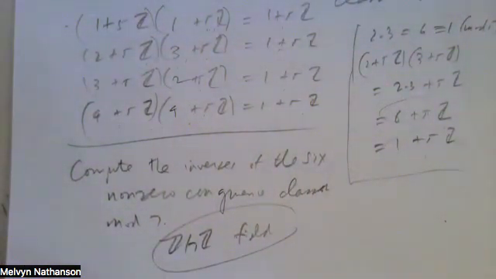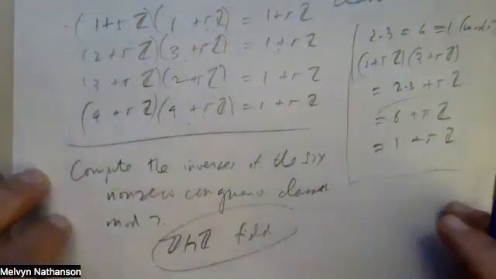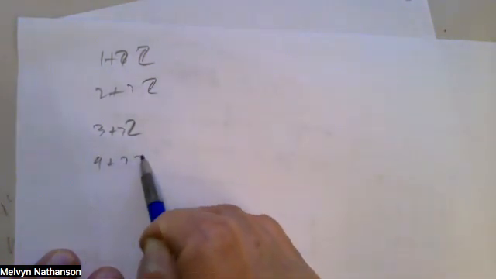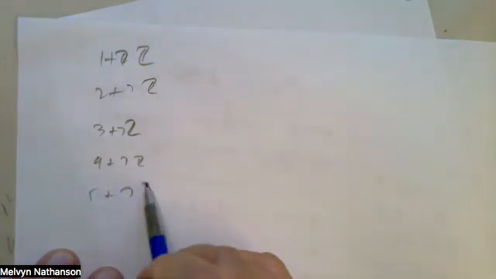So take a minute or 2 or 3 and calculate the inverses. You're going to make a table: 1 plus 7Z, 2 plus 7Z, 3 plus 7Z, 4 plus 7Z, 5 plus 7Z, 6 plus 7Z.